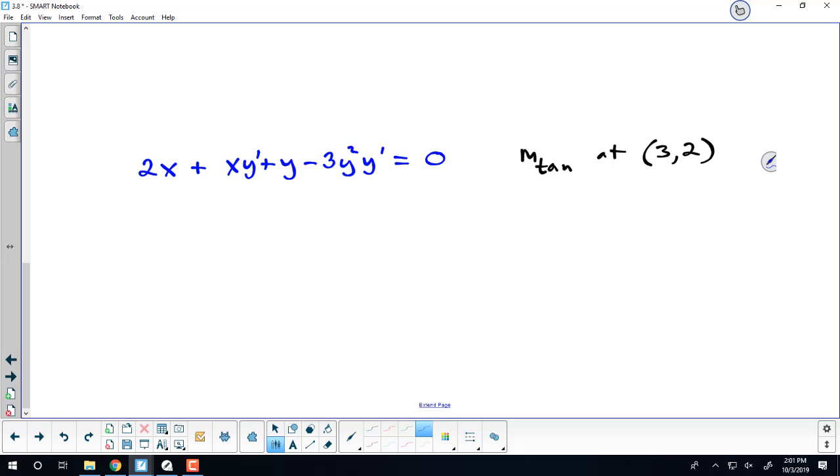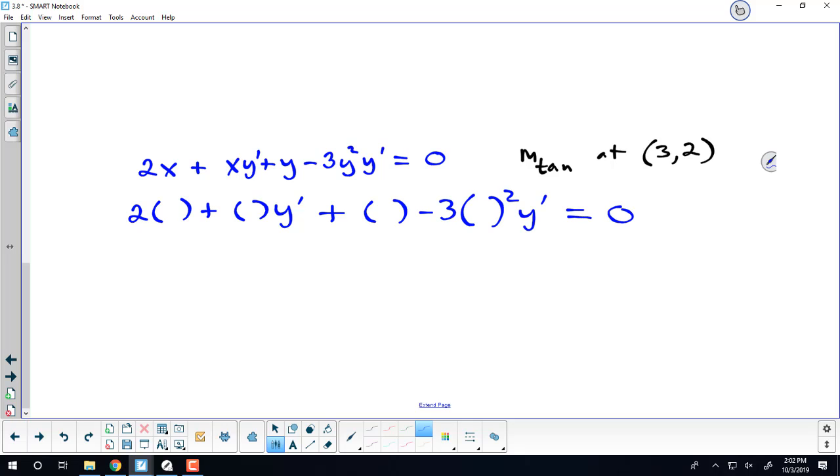So we could have taken this equation to find the slope of the tangent at (3, 2), and let's just see what happens once we plug these values in. So we just took our derivative equation and plugged x, y in.